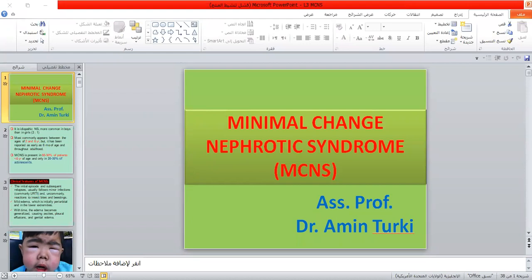Today, we will discuss in detail the minimal change nephrotic syndrome, which is the most common type. And as I said in the last lecture, when we say nephrotic syndrome in the pediatric age, especially between the age of 1 to 8 years, we mean the minimal change nephrotic syndrome until proven otherwise.